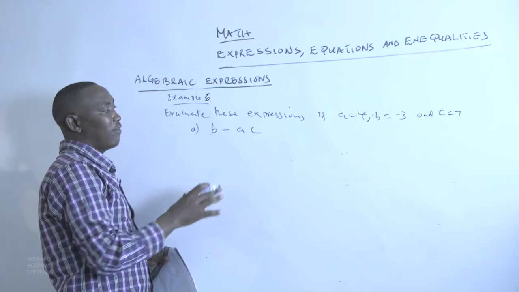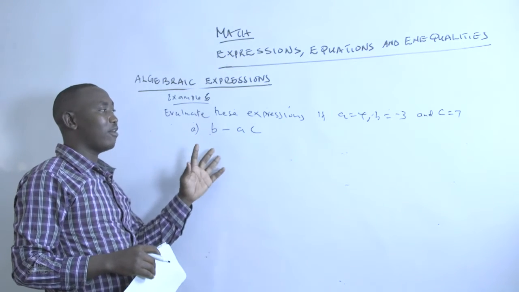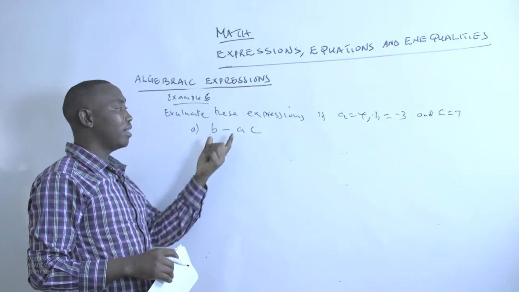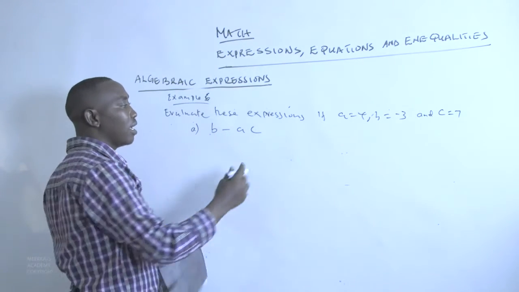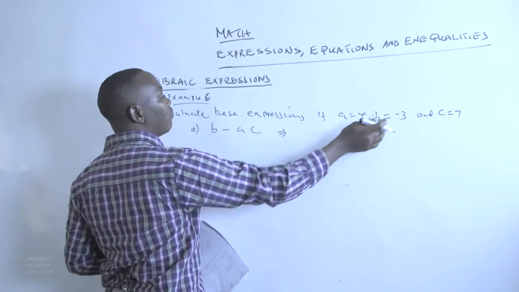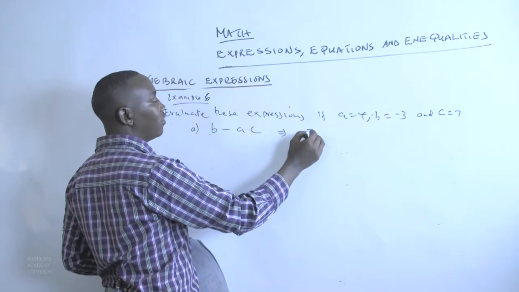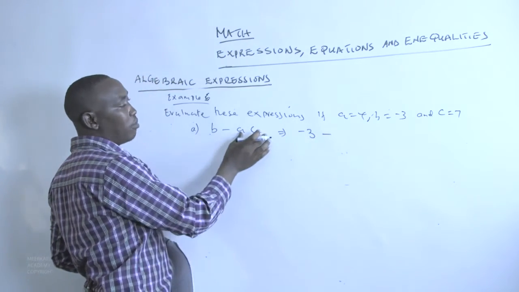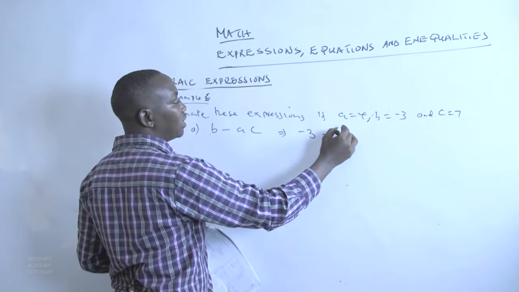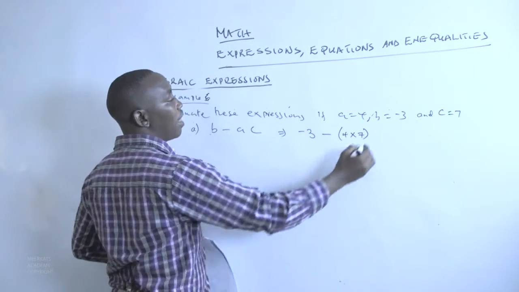In evaluating this particular expression, we need to substitute the pronumerals that we have in this expression, that is a, b, and c. And we have been given the values of a, b, and c. The value of b is -3, so we substitute b with -3, subtract the product of ac, and our a is 4, our c is 7, so that will be 4 multiplied by 7.